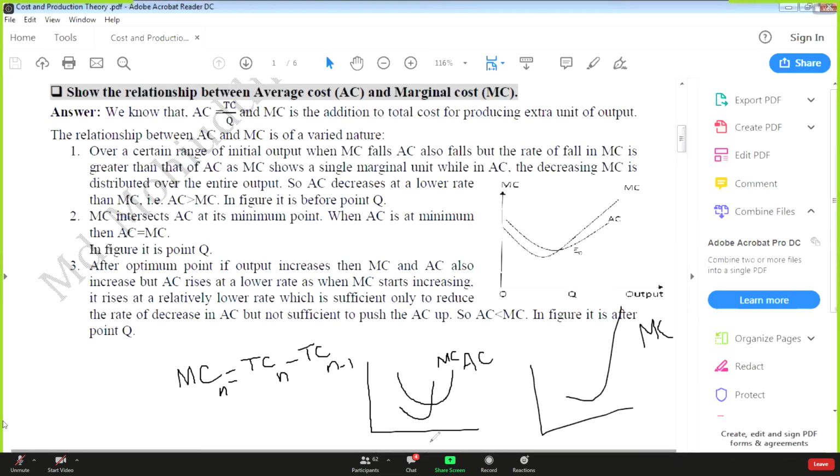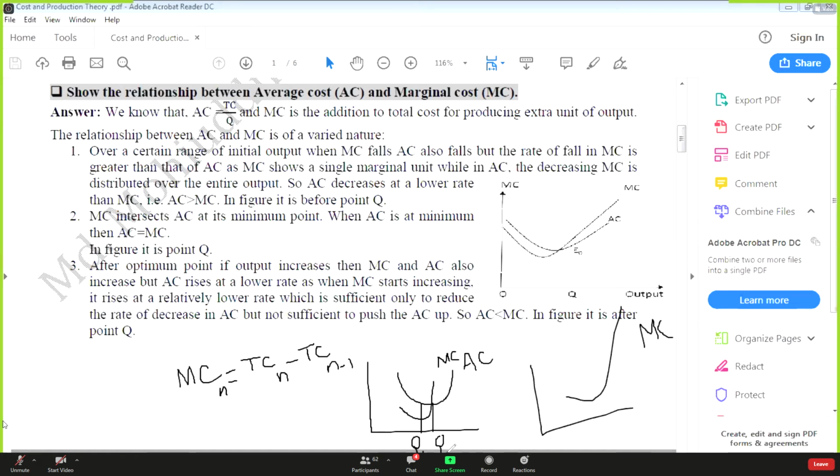So in this diagram, in this discussion, we will show three relationships. Look, at first, one relationship is here. This is the first relationship at this level of output Q1. We will show the second relationship here.